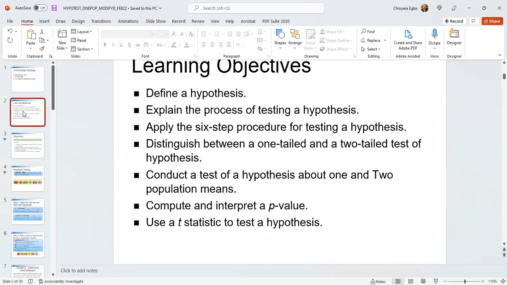And so by the time we are done, you can define hypothesis properly, because this is something that students very often are not able to do. I was once a student, so defining a hypothesis properly is very, very important. And then we're going to apply the 6-step procedure for testing a hypothesis, and try to distinguish between a 1-tailed hypothesis and a 2-tailed hypothesis, okay?